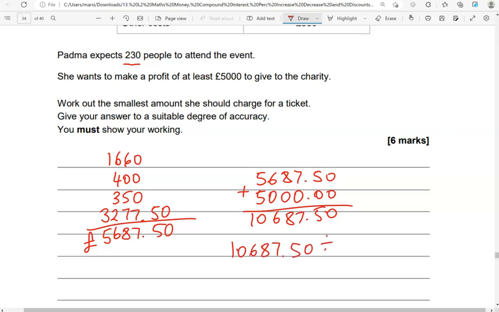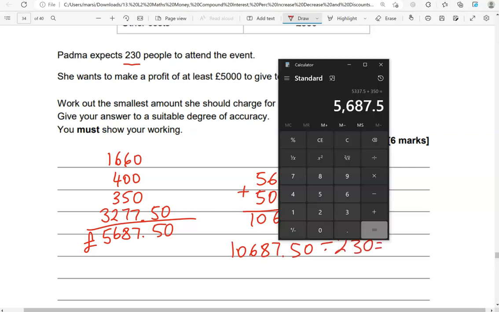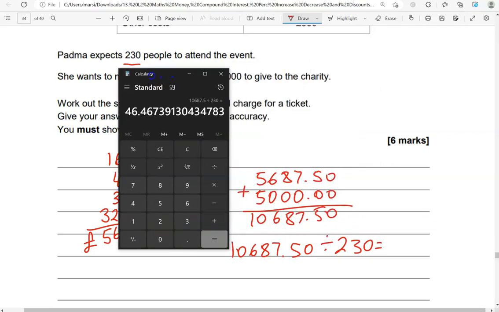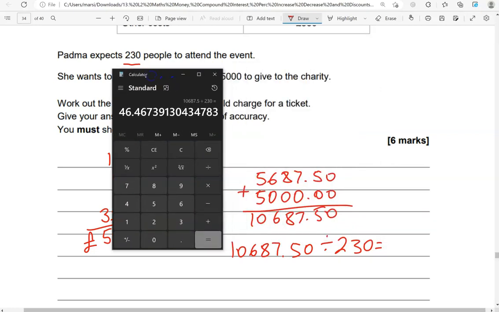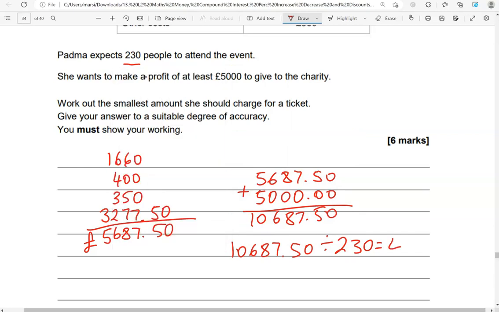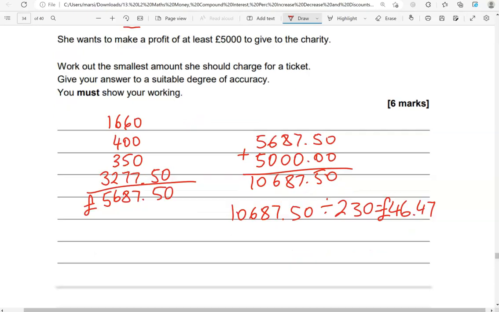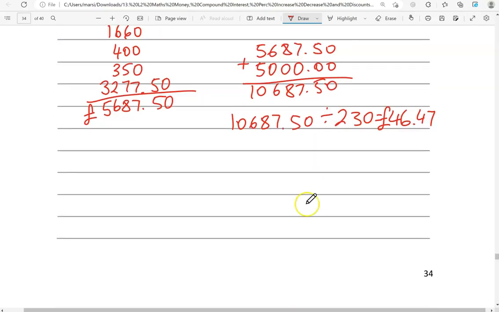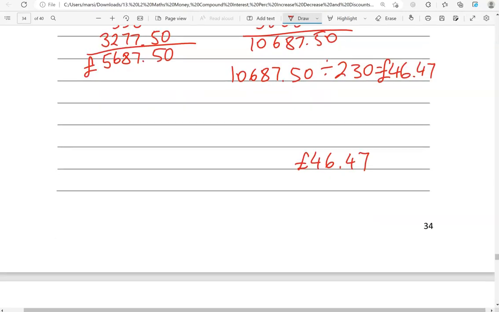If we divide that by 230, that gives us £46 and 47 pence. That's how much she should charge per ticket.